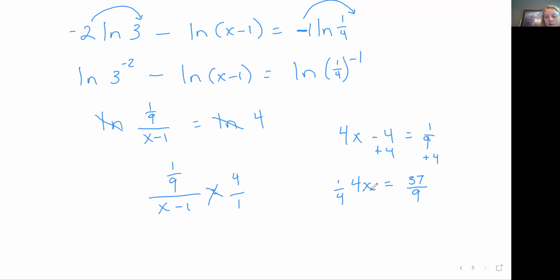Multiply by 1/4. Check our answer. 37 over 36 minus 1 is still positive, just barely, but it is. So that answer is good. All right, and then sometimes we have exponential equations that do not require a logarithm to solve. So let's look at those.